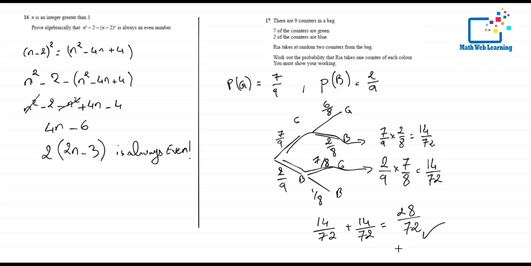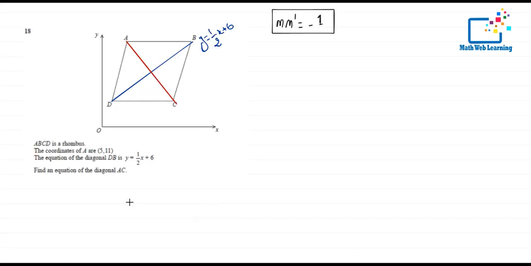All right, next question is question 18. Now it says the diagonal A, the blue one, D to B, this one here has an equation y = a half x + 6. I'll write it down there, and we want to find the equation of the other diagonal, the red one here, in this rhombus.